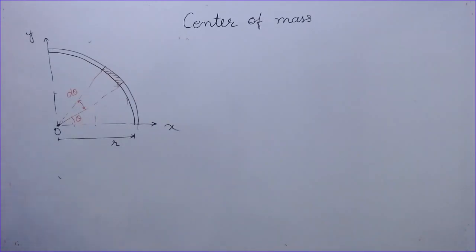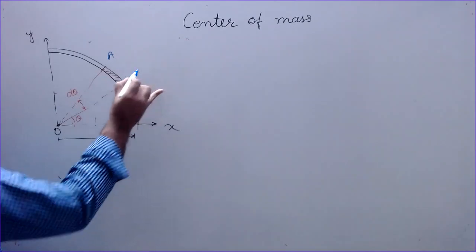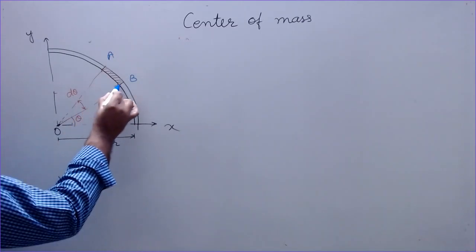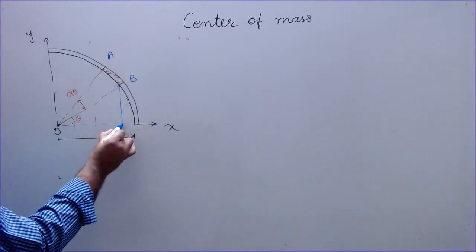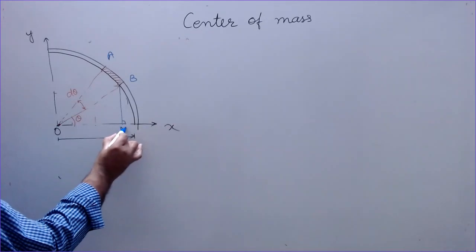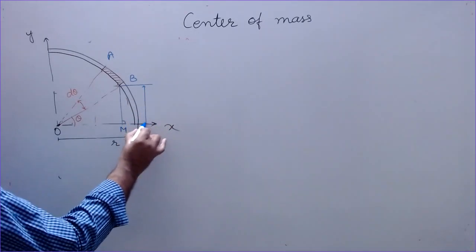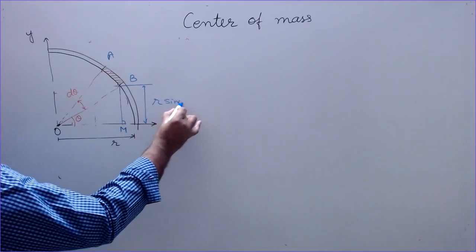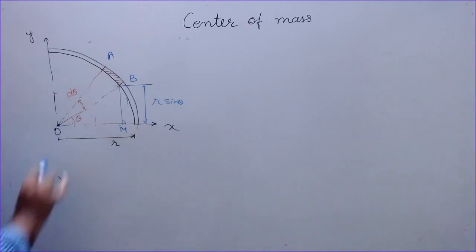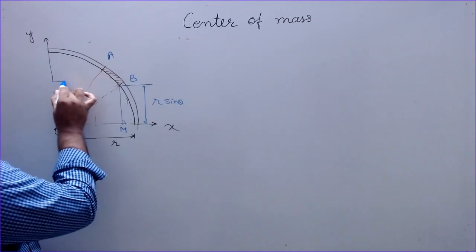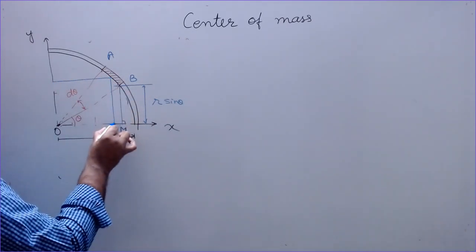Considering this small element a, b, this distance is radius r. So from b, if I draw a perpendicular here, this point is m. Then this is equal to r sin theta, and this distance is r cos theta. So if you consider the center of mass somewhere here, this is the x coordinate, this is the y coordinate.